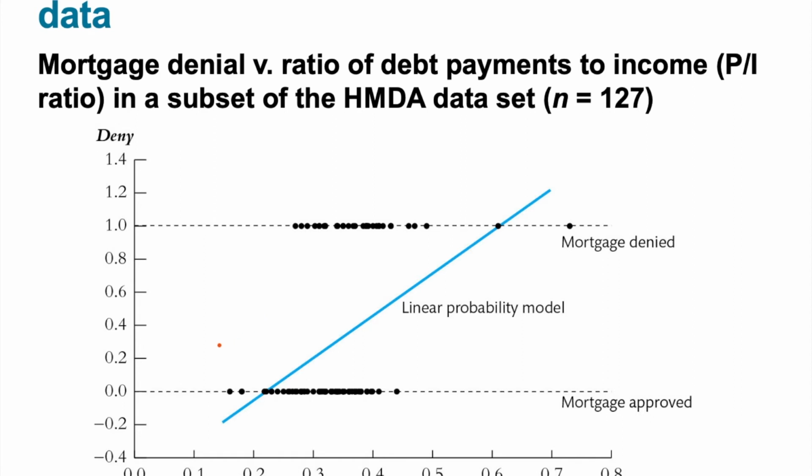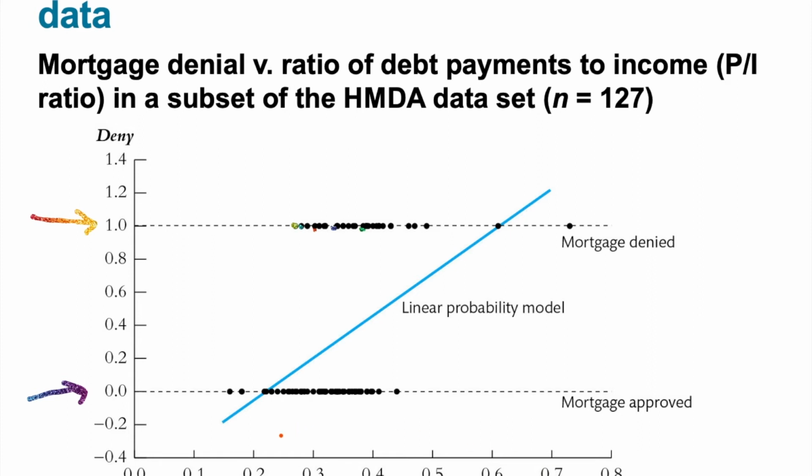In this chart, we have probability of denial on the left-hand side, where 1 equals mortgage denied and 0 equals mortgage approved. You have all of the observations plotted for different payment to income ratios.